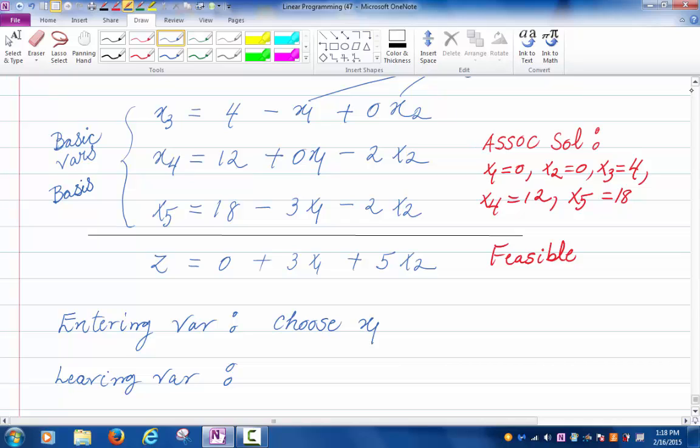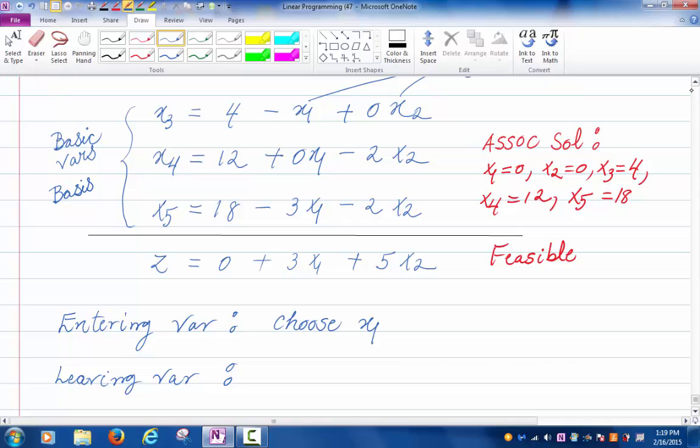Because of that, I can ignore the column for x2. So now just focus on the column for the constants 4, 6, 4, 12, and 18, and the column for x1. And you ask yourself, how much can I increase x1 while preserving all the equalities?